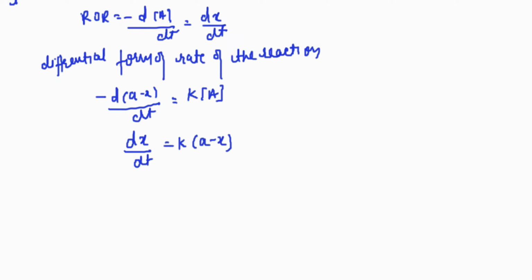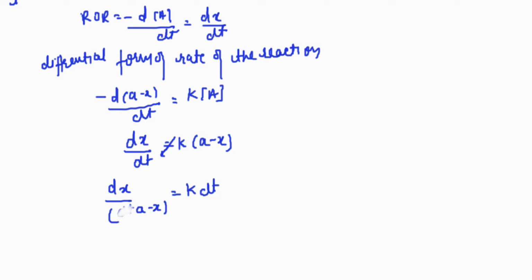Now let's cross multiply this. We get dx by (a minus x) equals k dt.